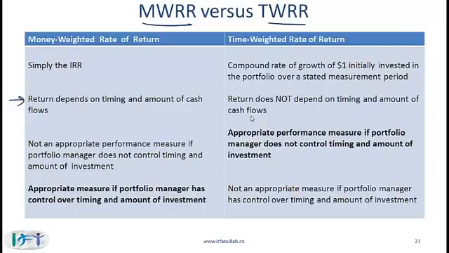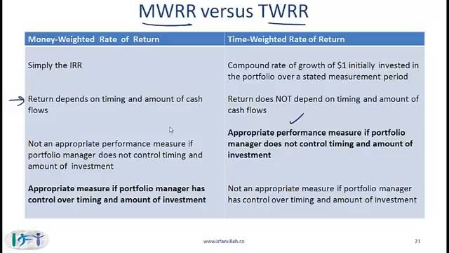Let's say that you are evaluating a portfolio manager who has no control over when he receives funds to invest. If the portfolio manager does not have control over when to invest funds, then the time weighted return is the appropriate measure, because we should not penalize or reward the investment manager based on the timing of cash flow.